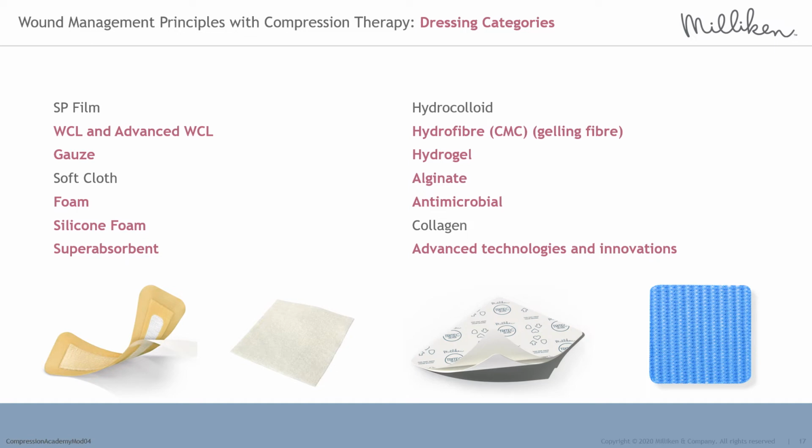There are many more advanced technologies and innovations. Dressings are generally categorised by their material type. Some newer or combination innovations are less easily placed within these categories. We will look at some of the categories most commonly used beneath compression therapy shortly.